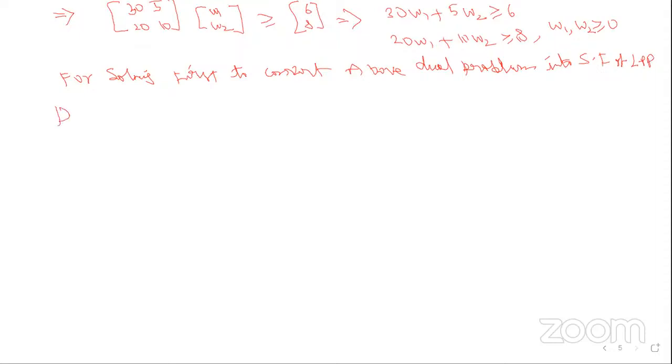So what is the dual problem? Dual problem: minimum Z equal to 300 W1 plus 110 W2.